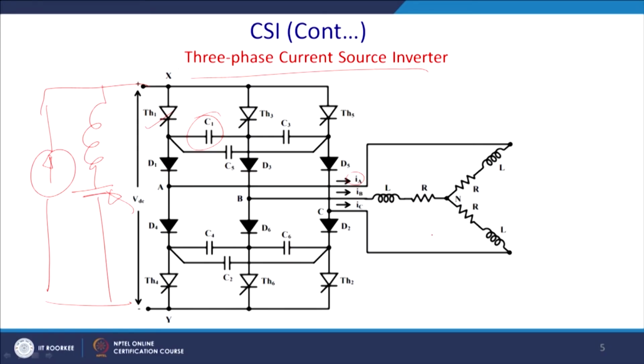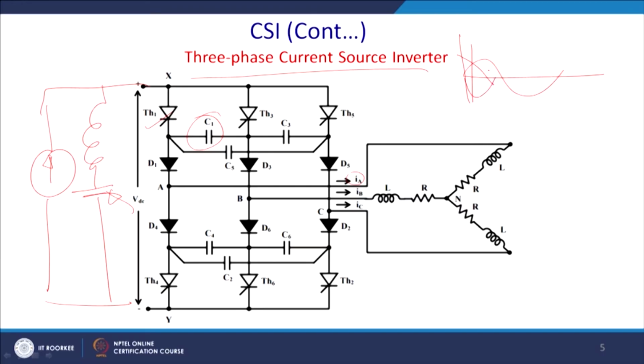So, you want a 30-degree operation. At sin 30, if you please recall your 3 phase waveform, A and C make the crossover and B is the most negative phase.